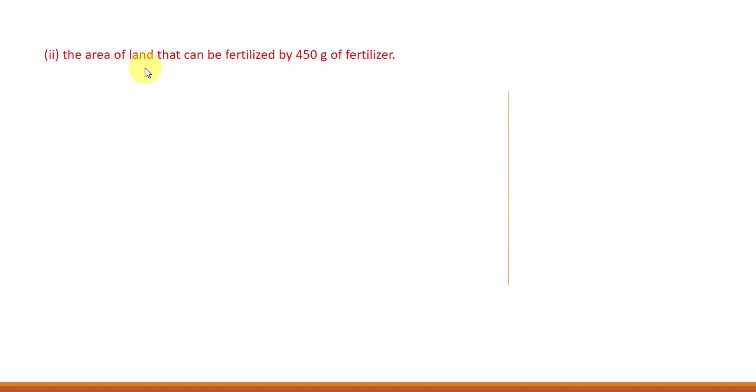Find the area of land that can be fertilized by 450 grams of fertilizer. Now the amount of fertilizer is given and we have to find the area of land. This is what we have to find.